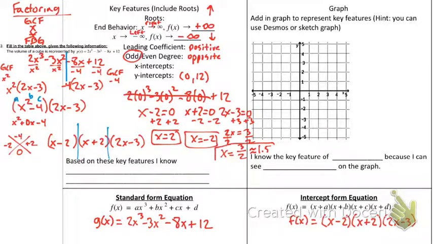Those are our 3 answers. We need to put them in point form. Our first one is 2 comma 0. Our y will be 0. Our next one is negative 2, 0. And our last one is 1.5 comma 0.